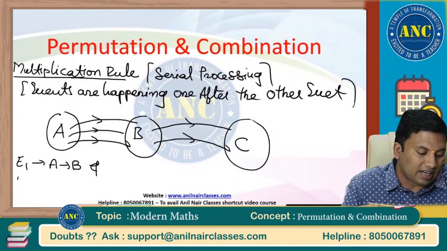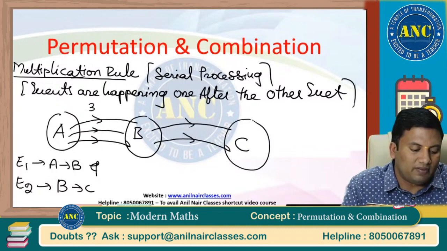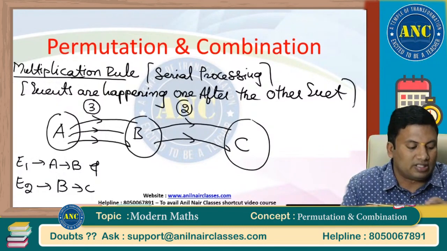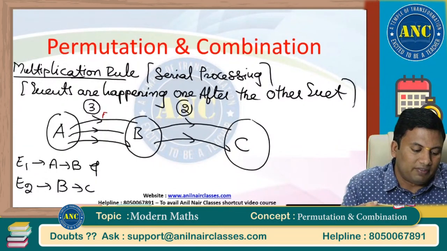And what is the second event? Second event is from B to C. That means here how many ways are there? 3 ways. Here how many ways are there? 2 ways. For example, the first way is flight, the second is rail, and the third is bus.